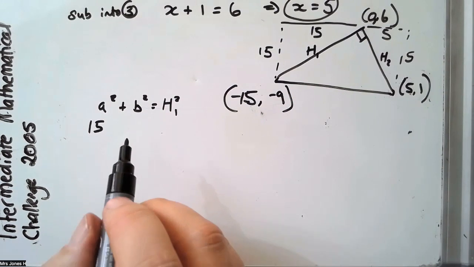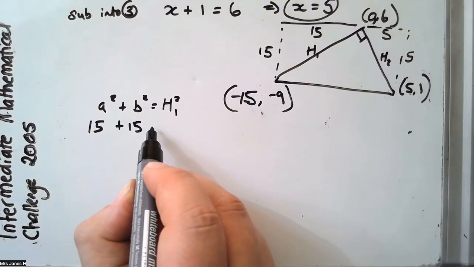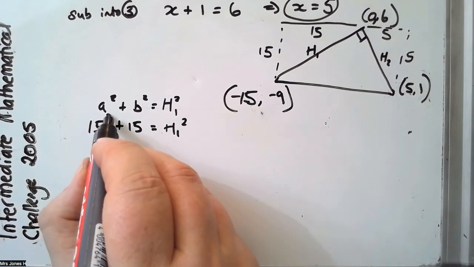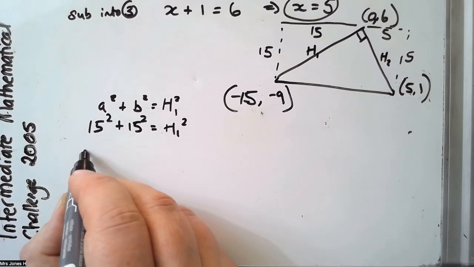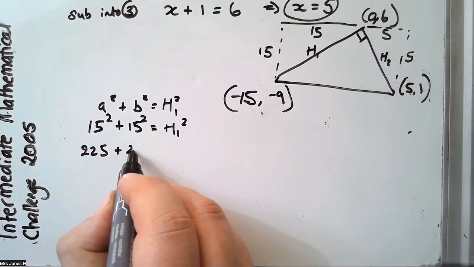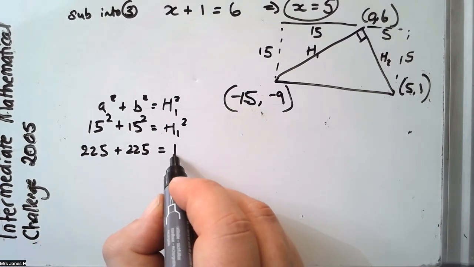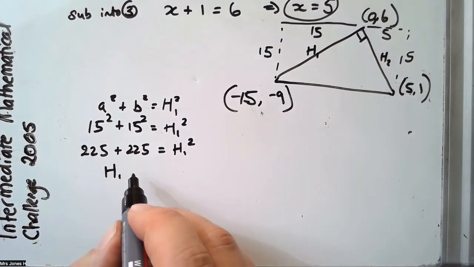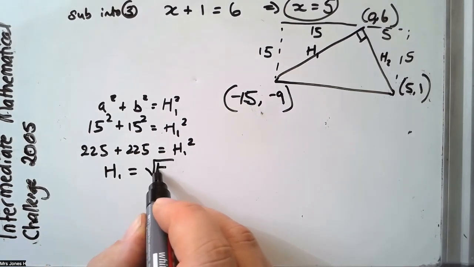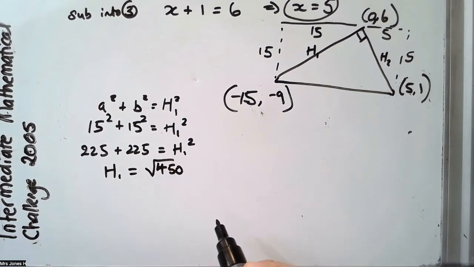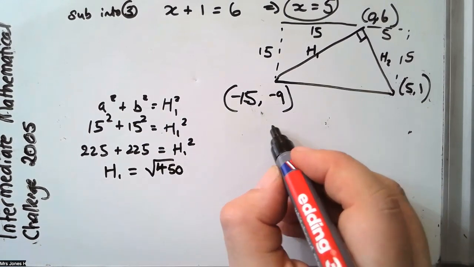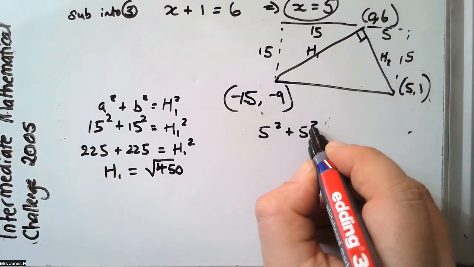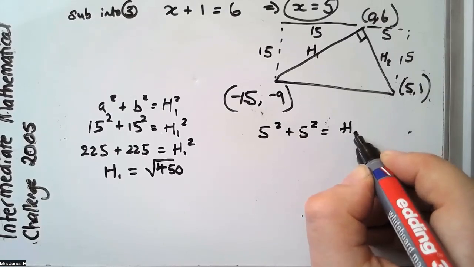So this is h1. 15 squared plus 15 squared equals h1 squared. 225 plus 225 equals h1 squared. So h1 equals the square root of 450. Then we're looking at the triangle 5 by 5. 5 squared plus 5 squared equals h2 squared.